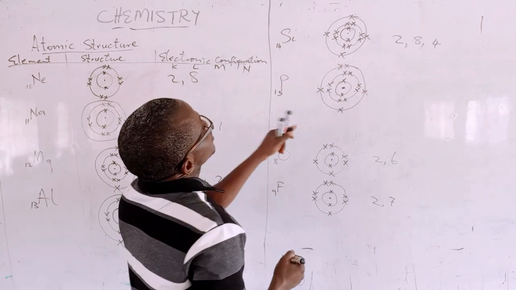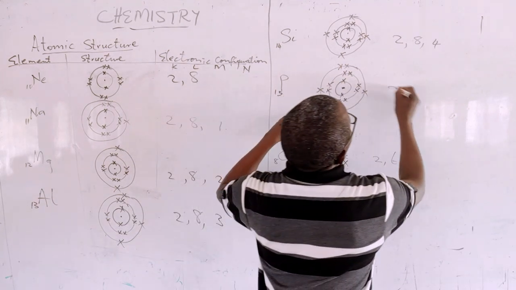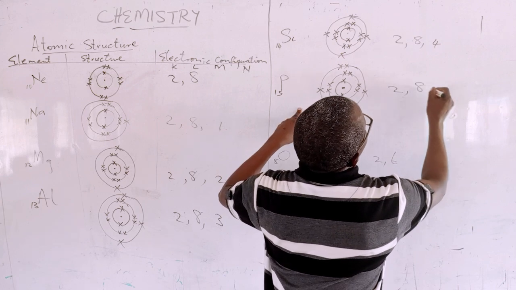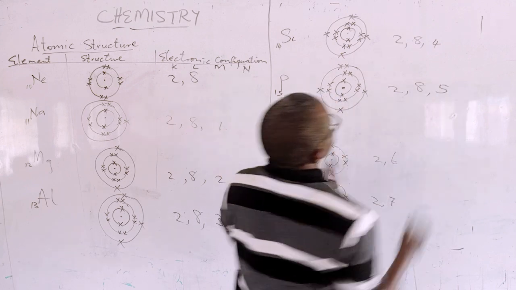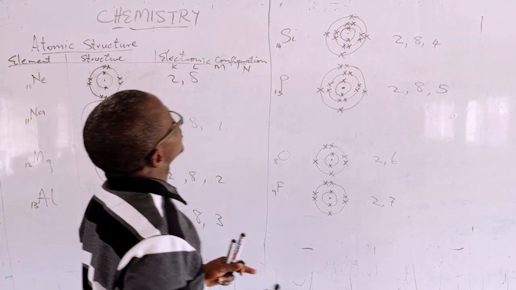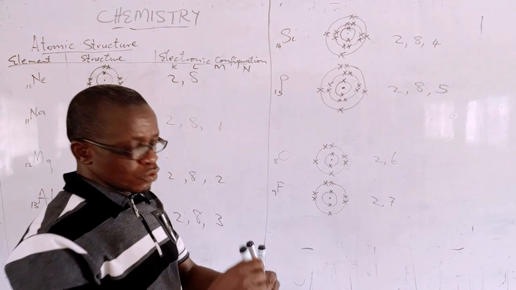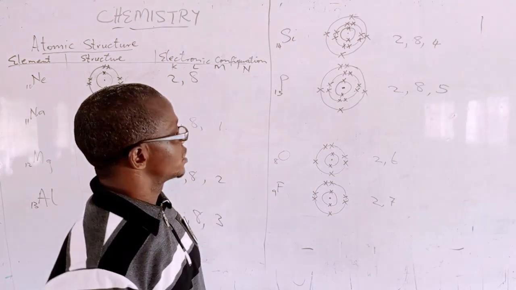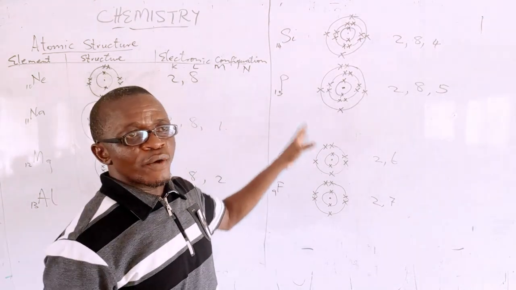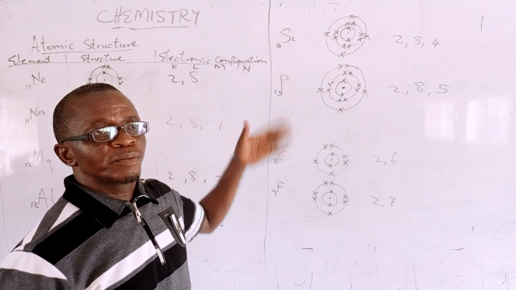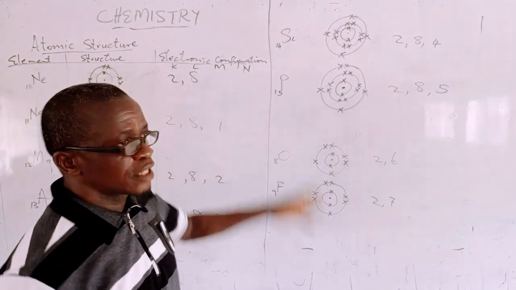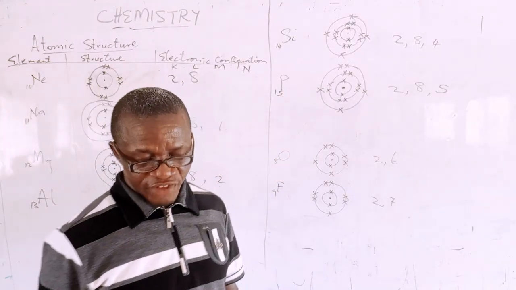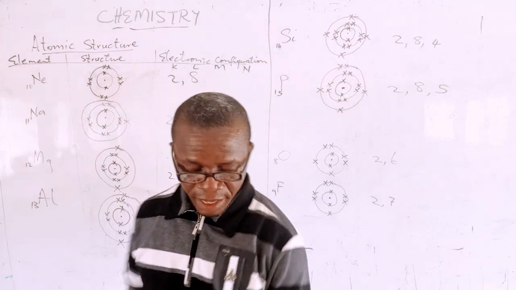So with this, we can see 2, 8, 5. That's the electronic configuration. So you can do sulfur using this. You can do chlorine, argon, potassium, and calcium. That will take you to the first 20 elements.